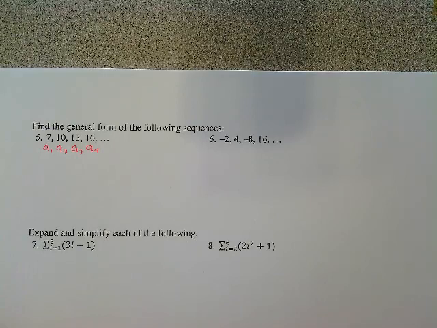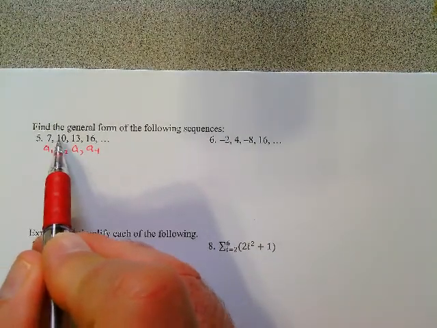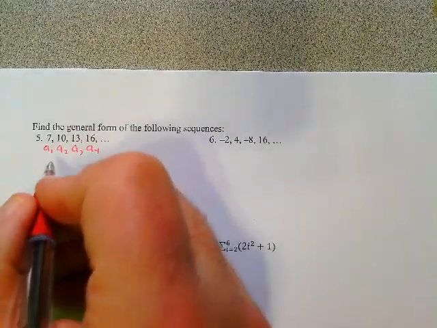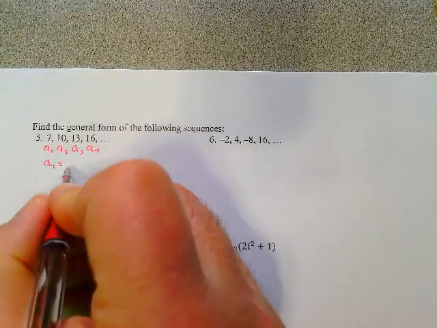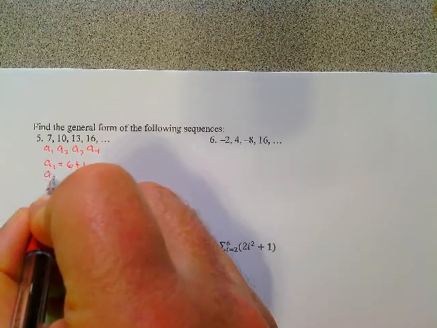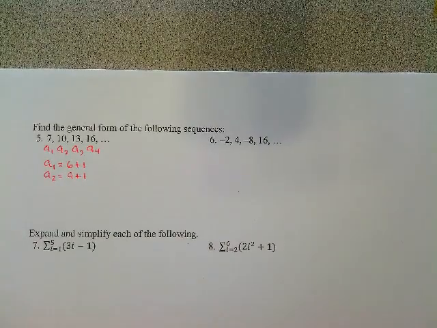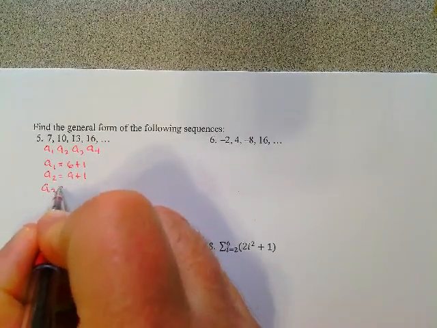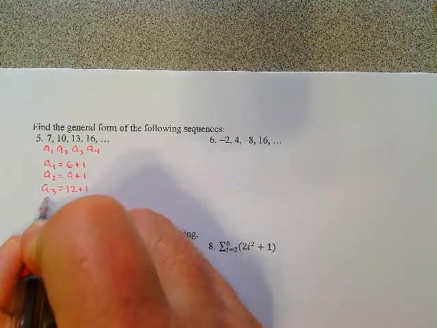So one thing, for example, I look here, I notice that they're all 3 apart. And in fact, I can think of A1 as being 6 plus 1, A2 as being 9 plus 1. In other words, they're all 3 apart, but they're not multiples of 3, but they are all just off of multiples of 3.